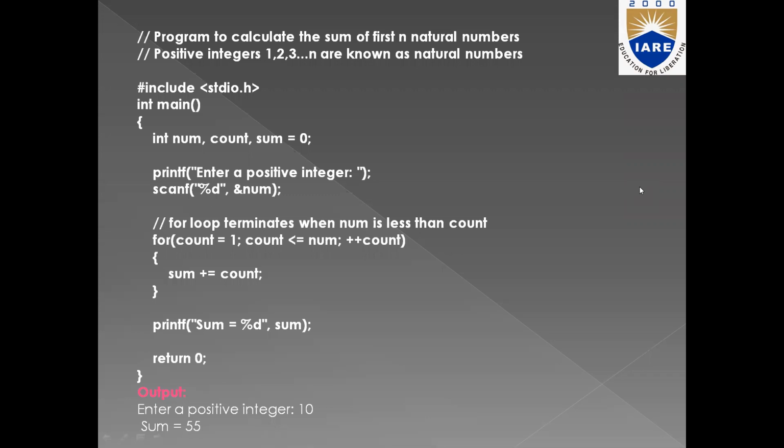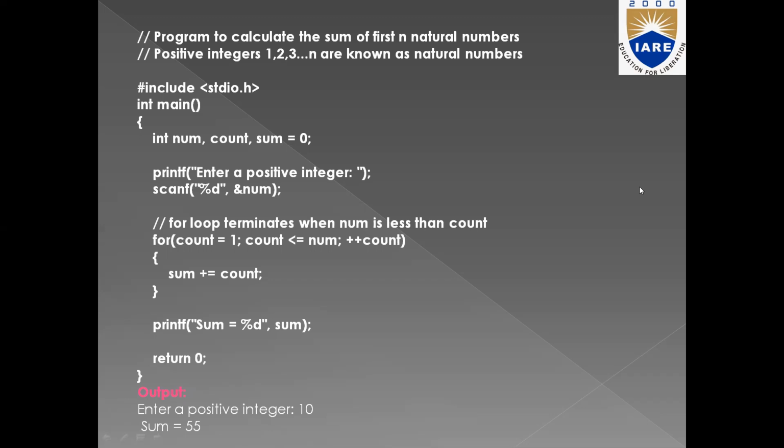Like this only, the while loop and do while loop are also the same. In the while loop, we only give the condition, while n is greater than 0. It repeats until the condition is satisfied. And coming to the do while loop, it is a little bit different from the for loop and while loop. In the for loop, if the condition is satisfied, then it enters the loop.